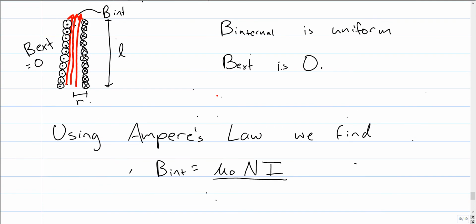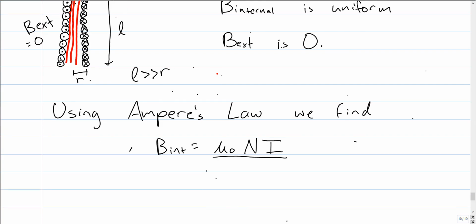That's what that dot and X indicate, that the current's going around and around and around and around, whether up or down. I did forget to write here that we're assuming that L is much, much greater than R. And let's finish up our equation. We got mu naught times N times I, all divided by L, the total length.